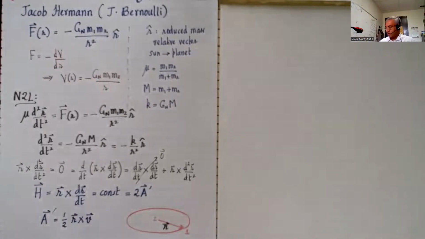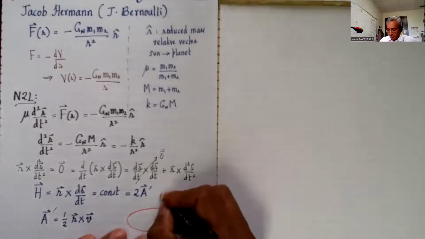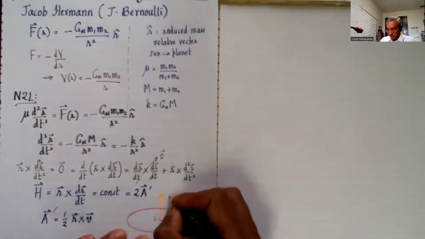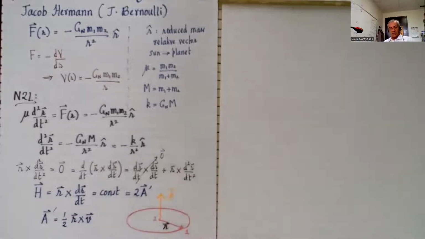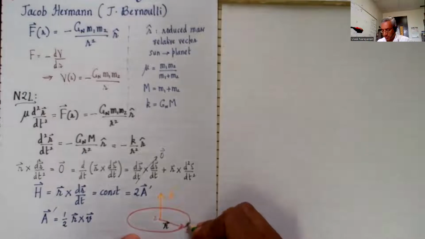The vector we call a prime is going to be perpendicular to the orbit, and its magnitude is given by 1/2 r cross v. The velocity vector, meanwhile, is tangential to the orbit.